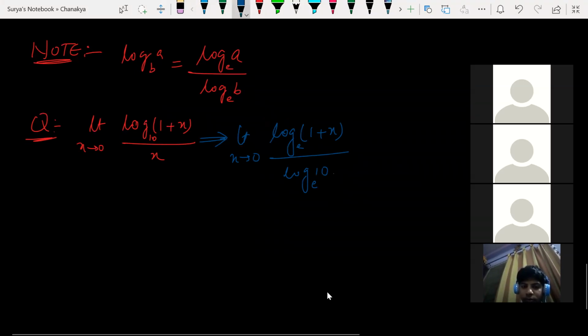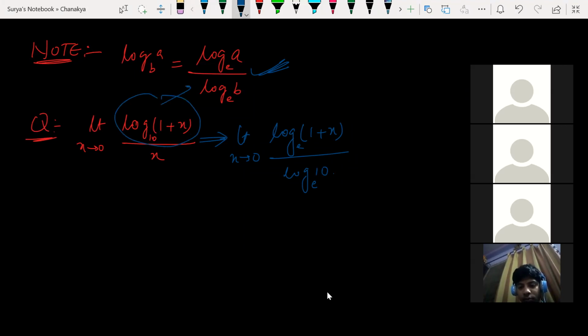What is this here? This formula is looking like this one. This is a here, this is b here. Guys, this is looking like this formula. I just wrote it like that, and the whole divided by x here. Is that clear?